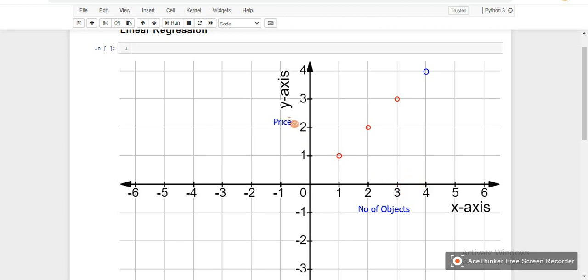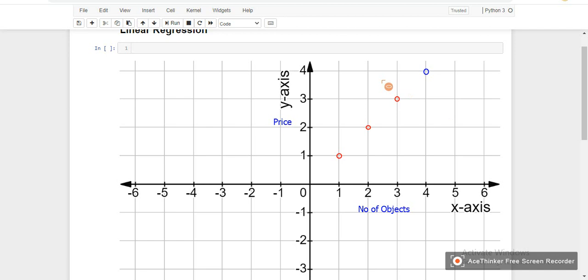Here the total price depends on the number of objects. The price of one object is 1 rupee, the price of two objects is 2 rupees and the price of 3 objects is 3 rupees. So based on this relationship, we could say that the price of 4 objects is 4 rupees.